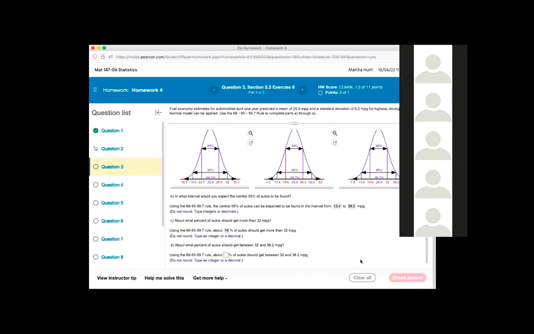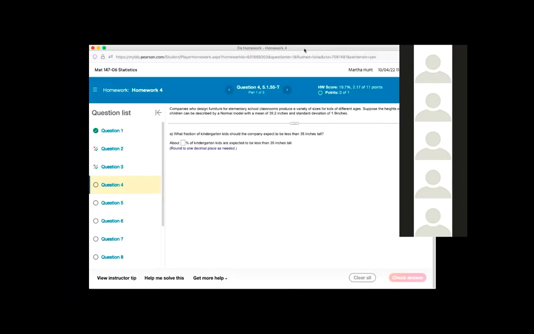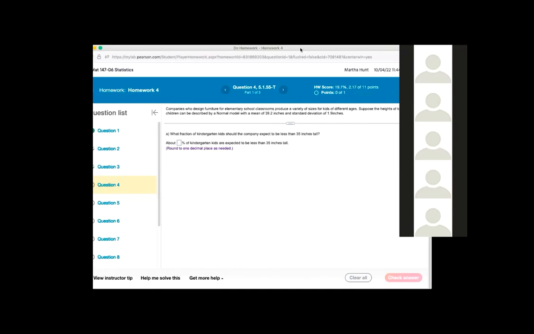Okay, now here's where you really, really want to use that sheet. Elementary school children come in different heights. They are normally distributed with a mean of 39.2 and a standard deviation of 1.9.